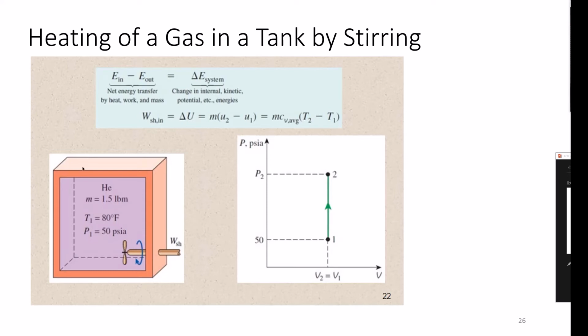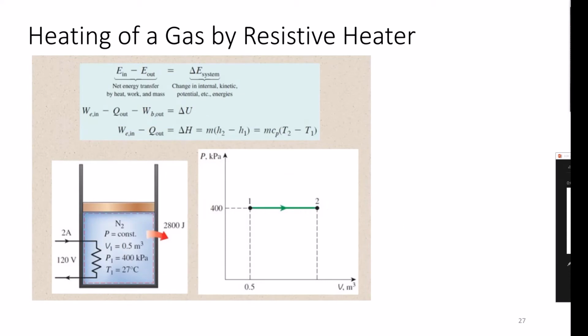And it should make sense, since work went in and this is like a perfect insulator, so there's no heat being lost through this. So it's just going to be the mass times specific heat times the change in temperature.